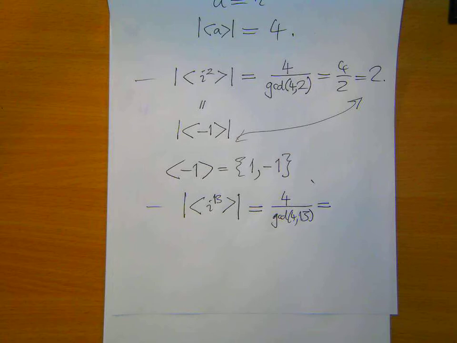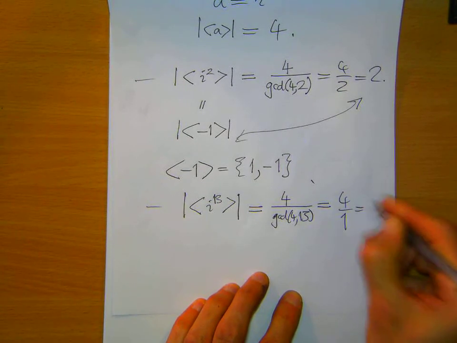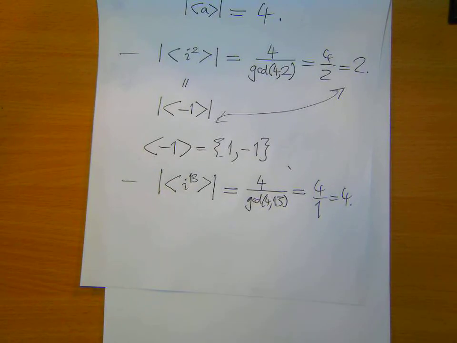Just plug in the numbers. And what's the greatest common divisor of 4 and 13? 1. Good. 4 and 13 are co-prime. So in fact we get 4. So i to the 13 has got order 4 as well.